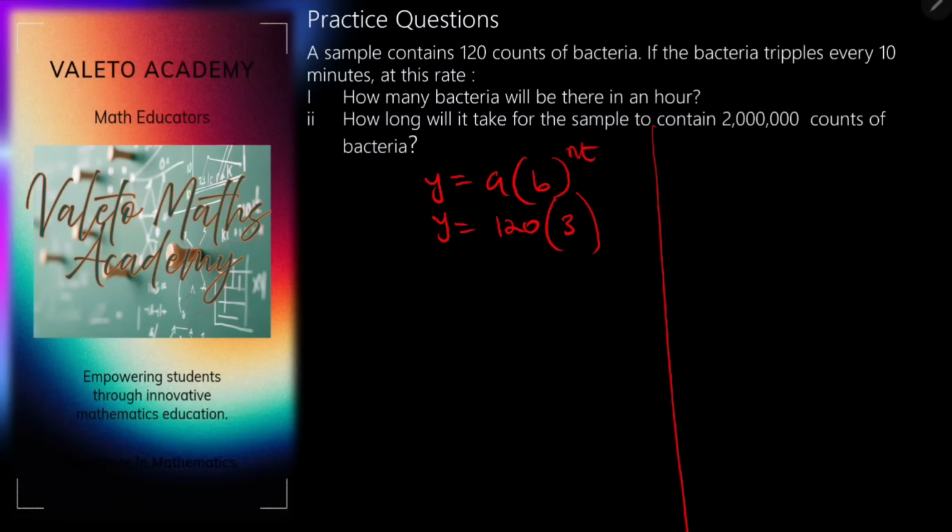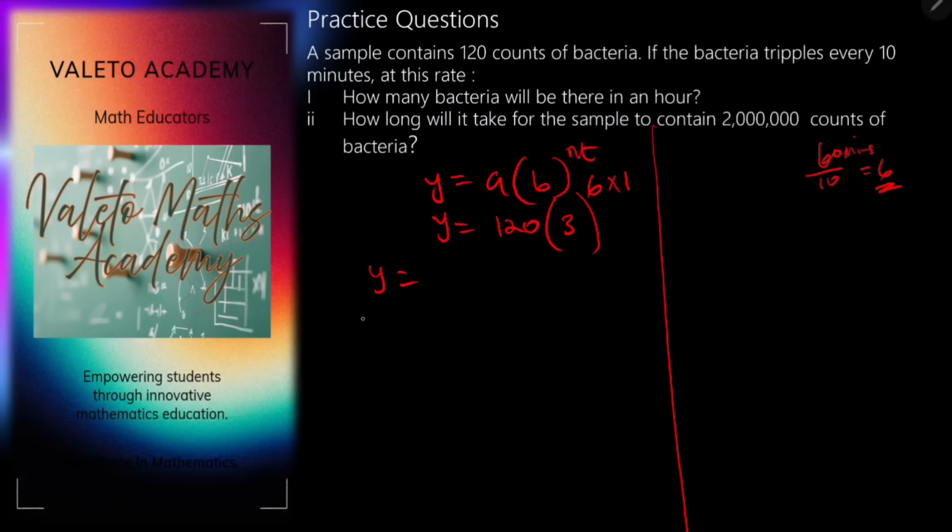It triples every 10 minutes, and we have 60 minutes in an hour. So 60 divided by 10, that means in an hour it's going to triple 6 times. So n here is 6 times 1 hour. So we're just looking for 1 hour here. So the first question says in an hour, so it's times 1 hour. T is 1 hour.